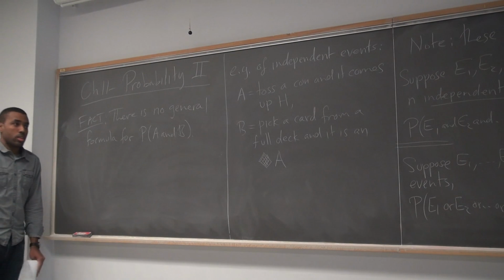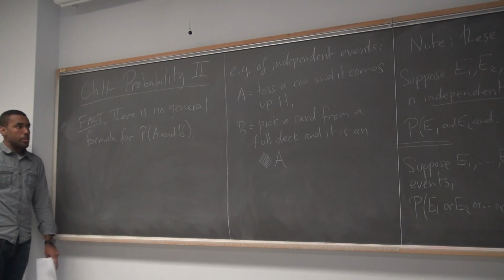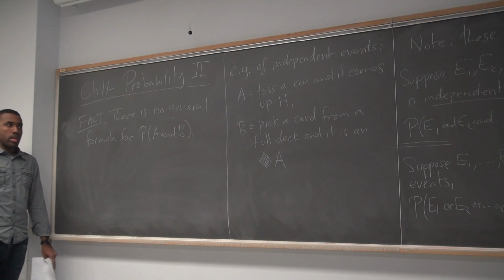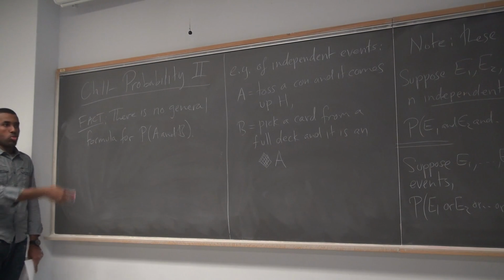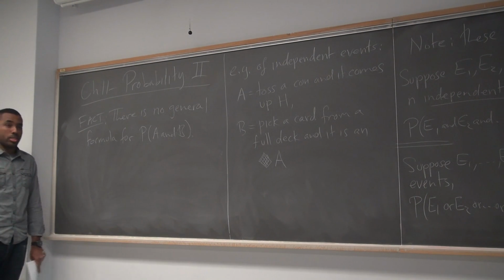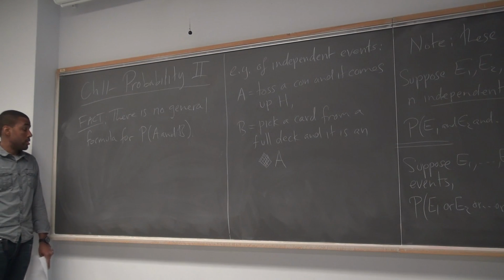For OR we have a general formula, it's called the Law of Disjunction. For AND there is no general formula. It's just one of those things that you empirically verify usually. If you don't have a way of figuring it out mathematically, then you run experiments in real life and you pretty much just count a probability by the number of experiments you're doing. You try to do enough to get an accurate idea, but that's basically it.